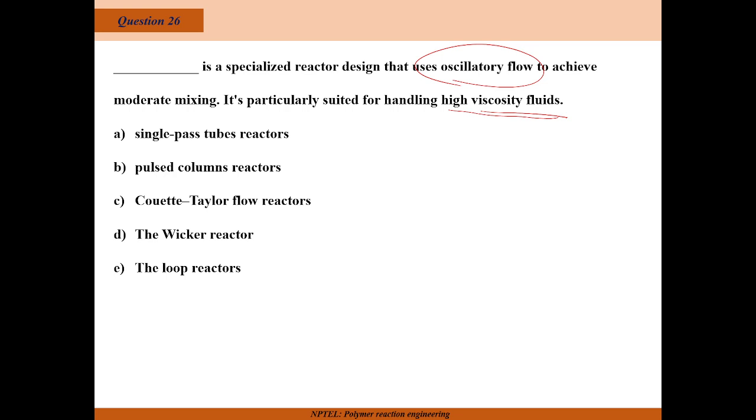Any idea? Here I have a doubt, not sure. Yeah. So the answer is option D, the Wicker reactor. This is a main characteristic of a Wicker reactor.